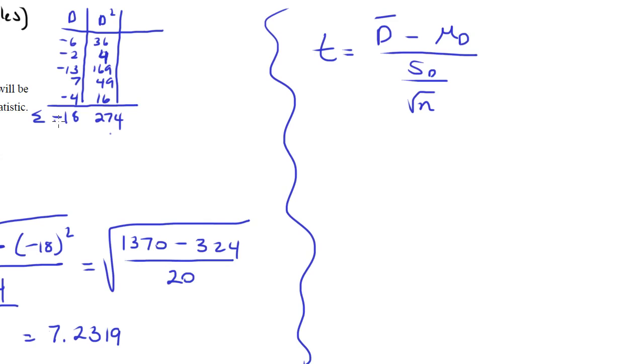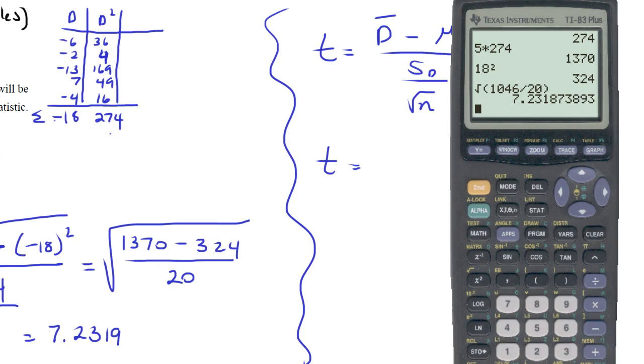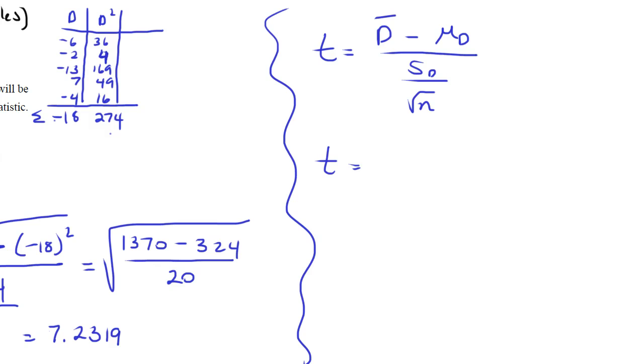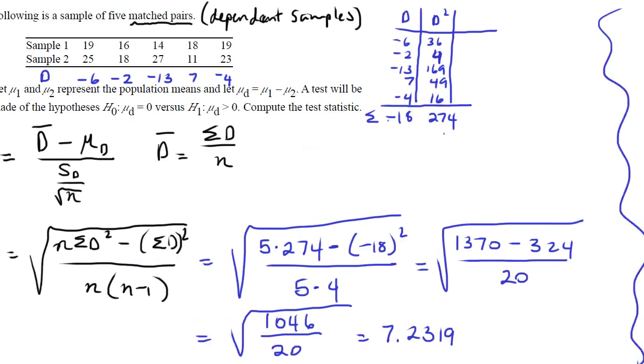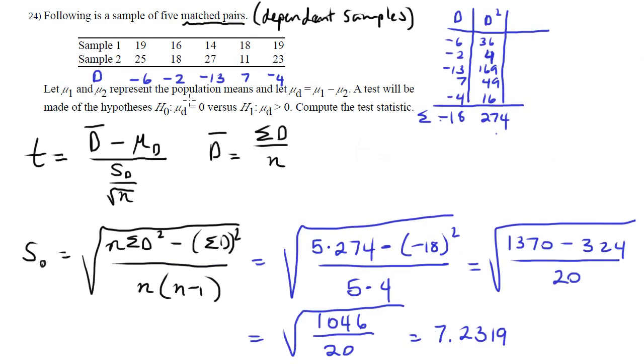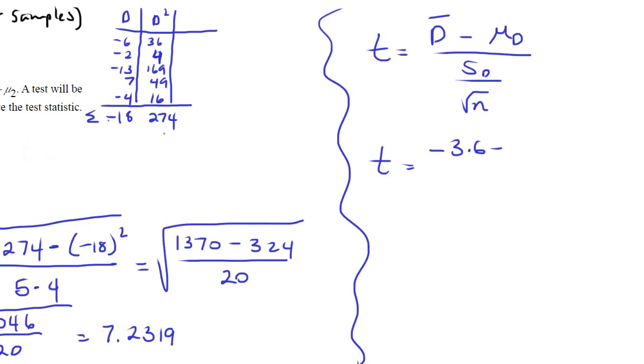Okay, so the average of the d's is the sum of the d divided by n, which is -18 divided by 5. -3.6. -3.6 minus the mean of the differences. The null hypothesis is that it is equal to 0. So that's 0 minus 0 over 7.2319 divided by the square root of 5.